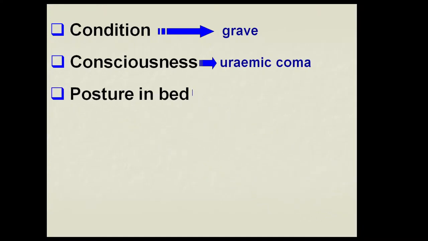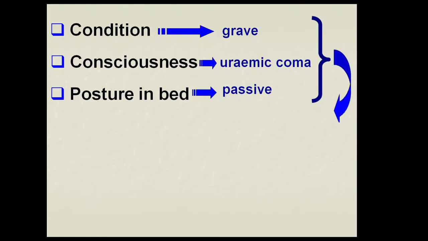If we are talking about the posture of the patient in bed, in a grave condition and unconscious patient, we are talking about passive posture. All these pathological indices are characteristic for the final stage of renal insufficiency.